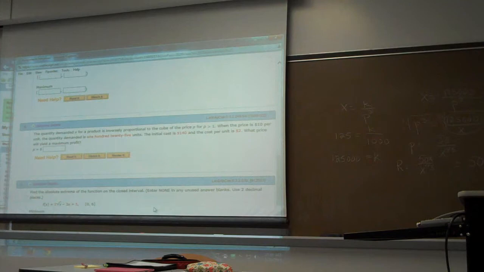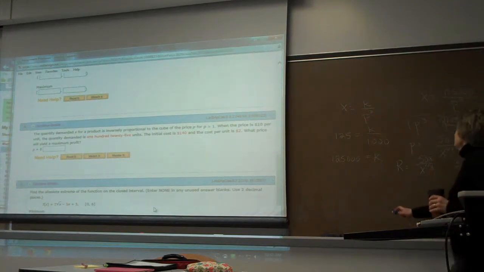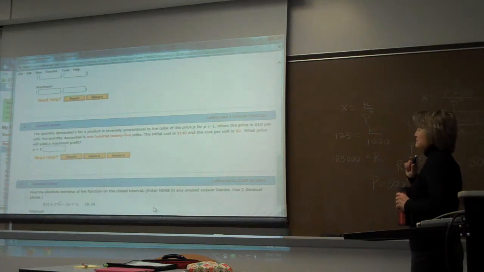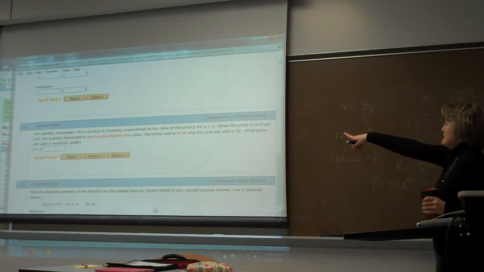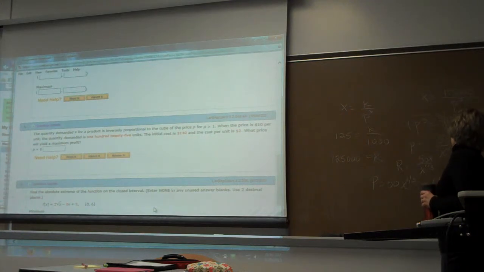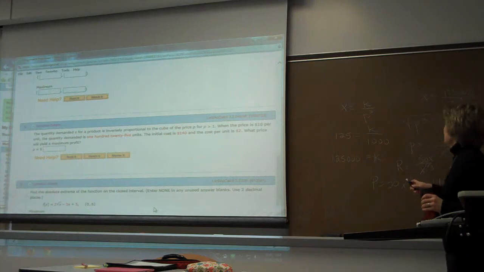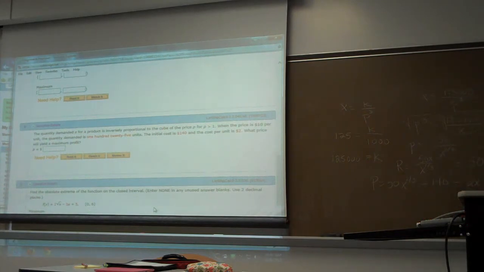So I get 2/3. And then I need profit. So I got to subtract away my cost, which they said was 140, and $2 for every unit. So there's profit.